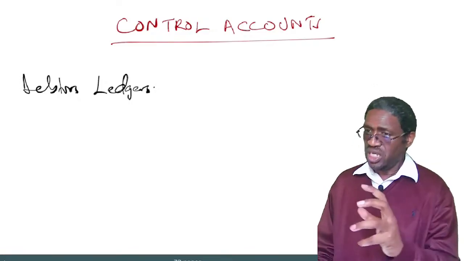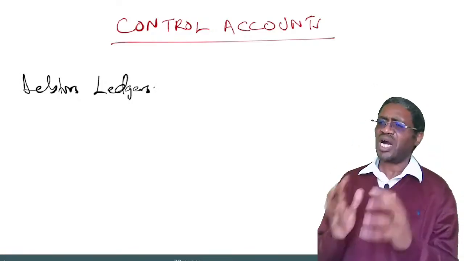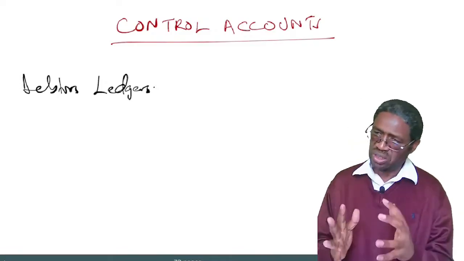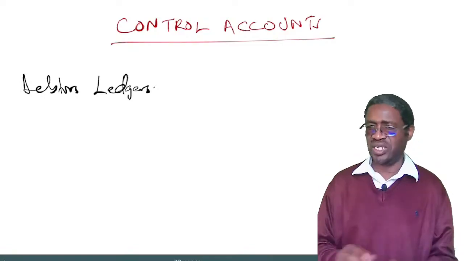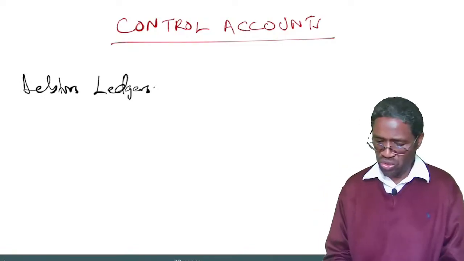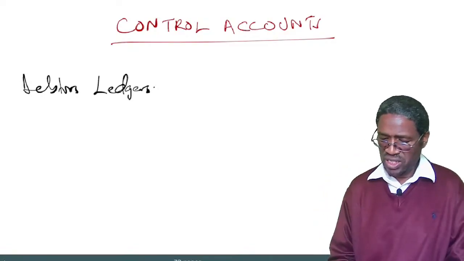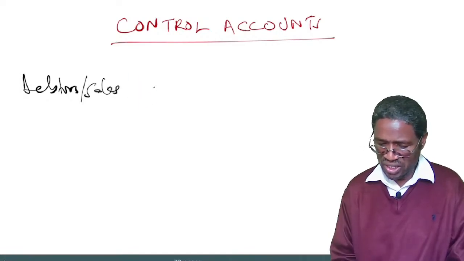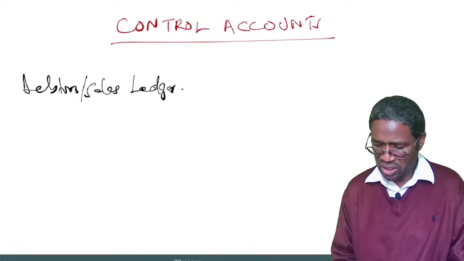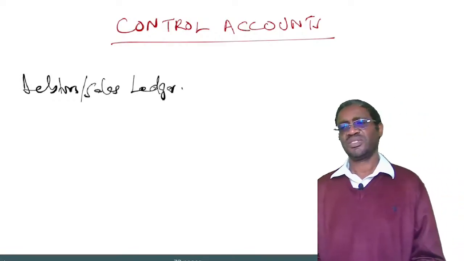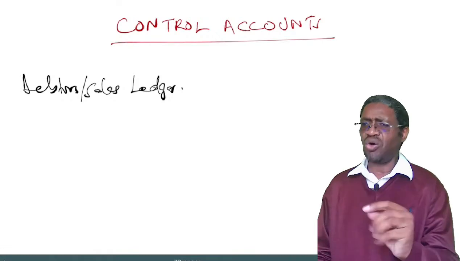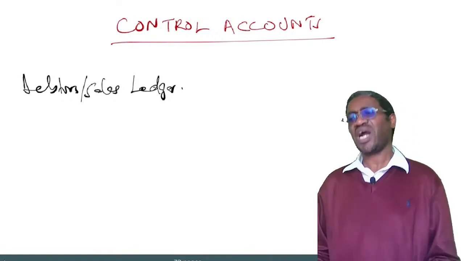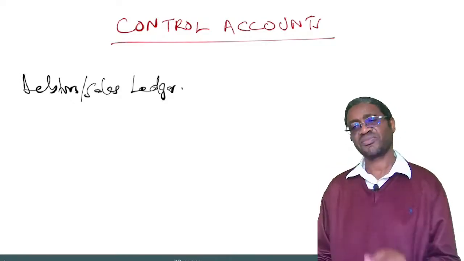If you put all your debtors' accounts in one book, that book is called the debtors ledger. Some books will call it the sales ledger. So a sales ledger or a debtors ledger is a book that contains the accounts of debtors.